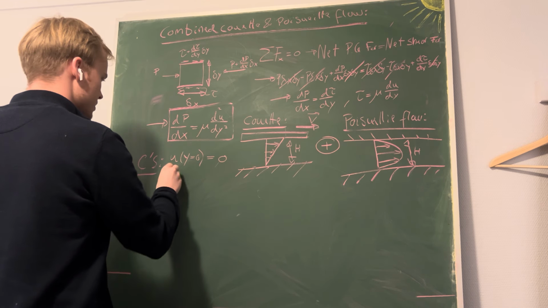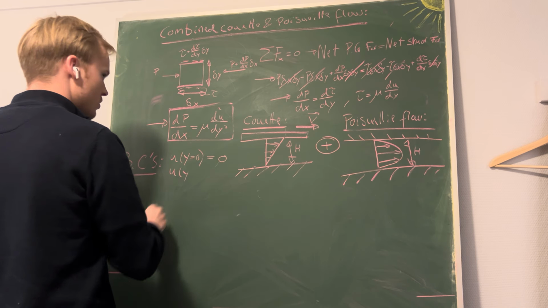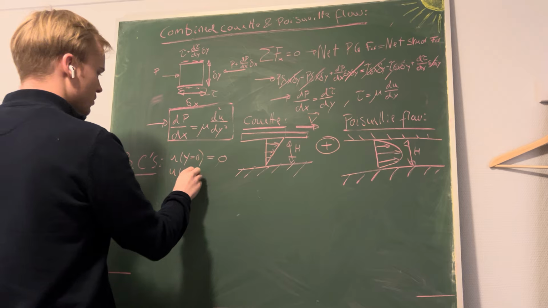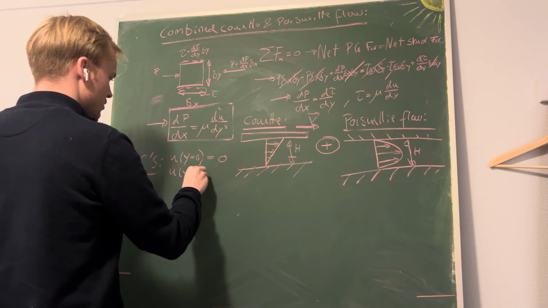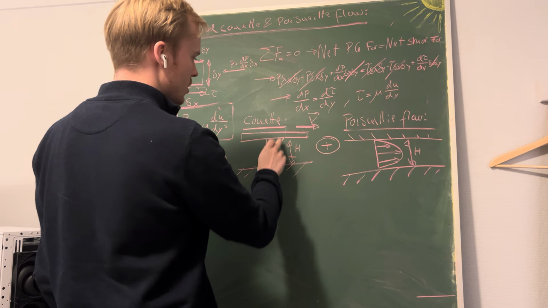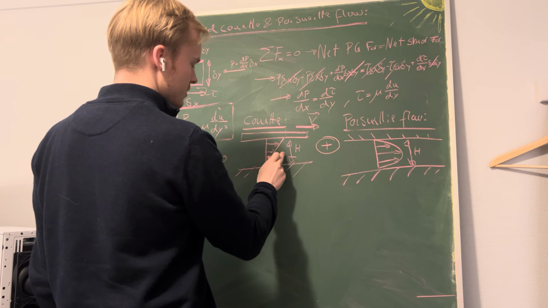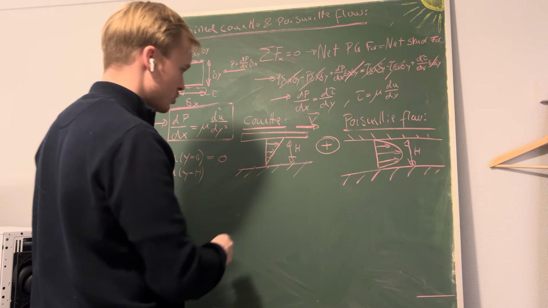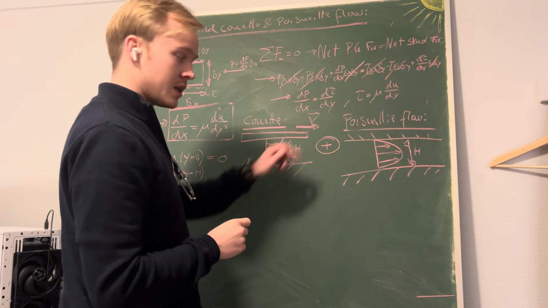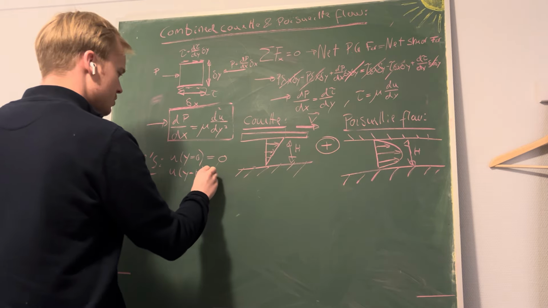That is one boundary condition. And then we have u at y equal to h. When we combine these two, the velocity at the top at h should be the same as that plate moving, so that should be v.